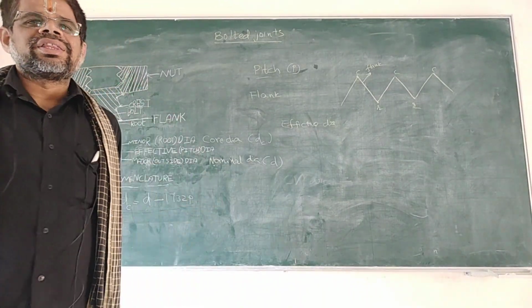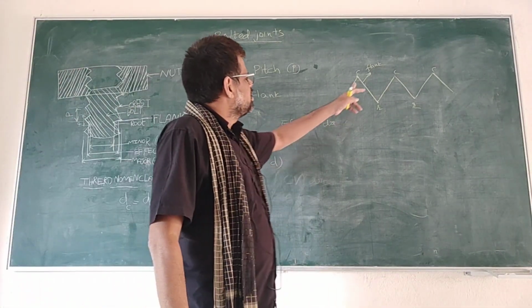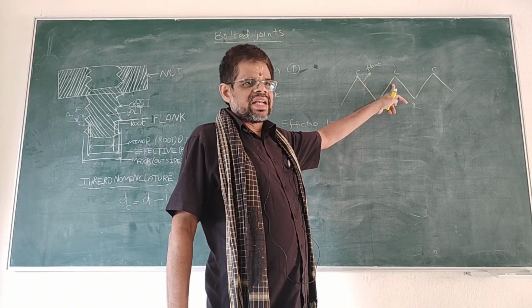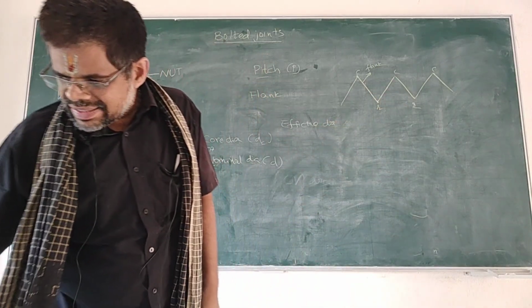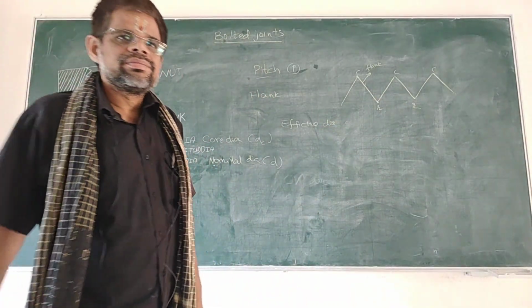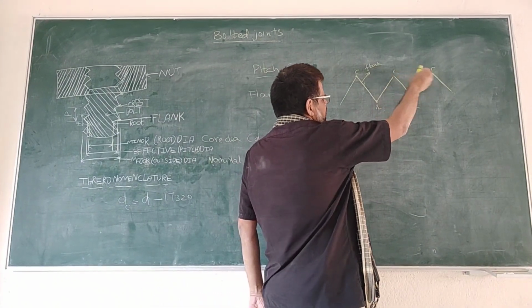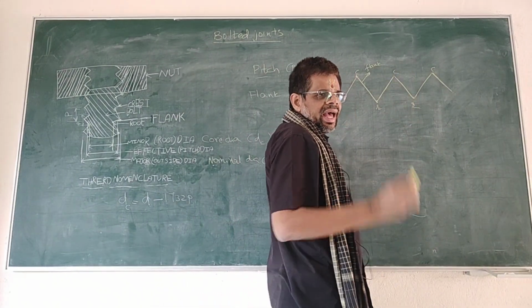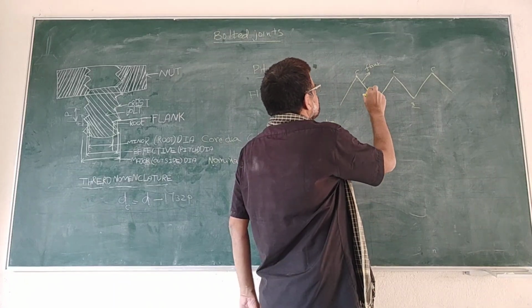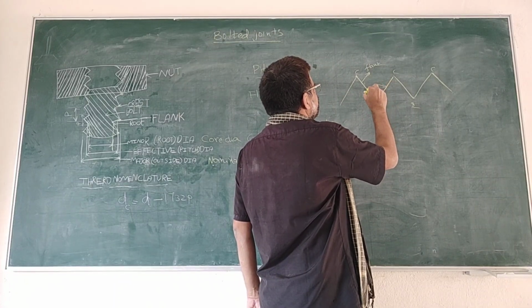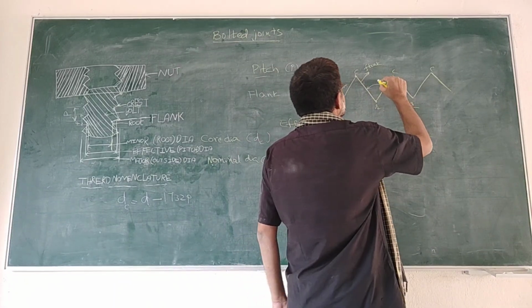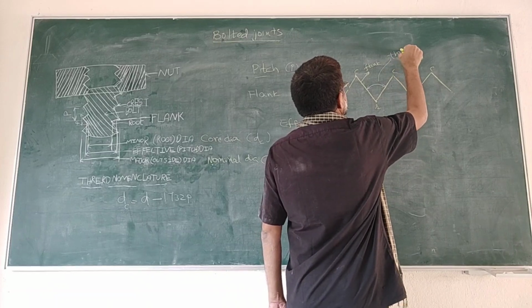Now the angle between two consecutive flanks is called the thread angle. See, this is one flank, this is another flank. The angle between two consecutive flanks is called the thread angle.